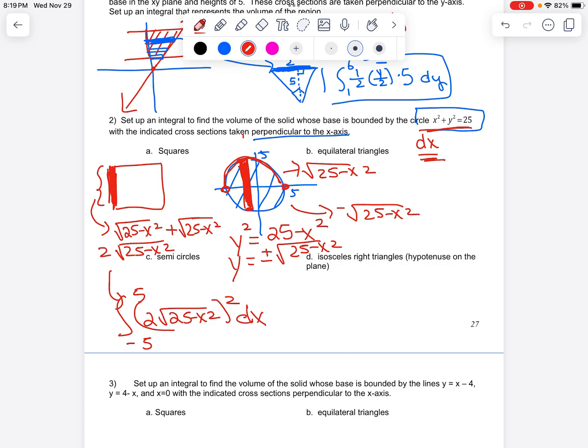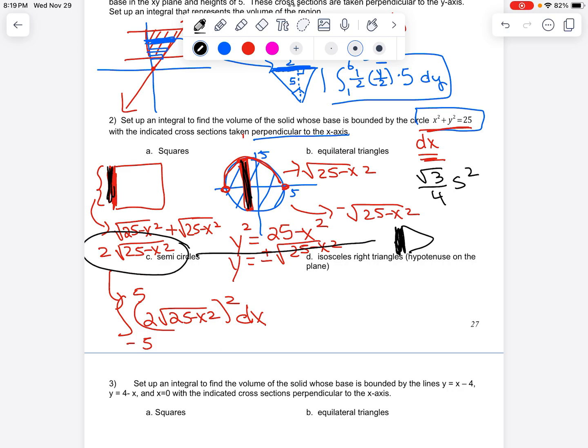Okay, equilateral triangle, same thing. But we do need the formula for the equilateral triangle. It's root 3 over 4 times the side squared, that's the area. So again, this rectangle right here, that's going to be the side of this equilateral triangle. But this side on this triangle is the same as this side on this square. So we already figured that out.